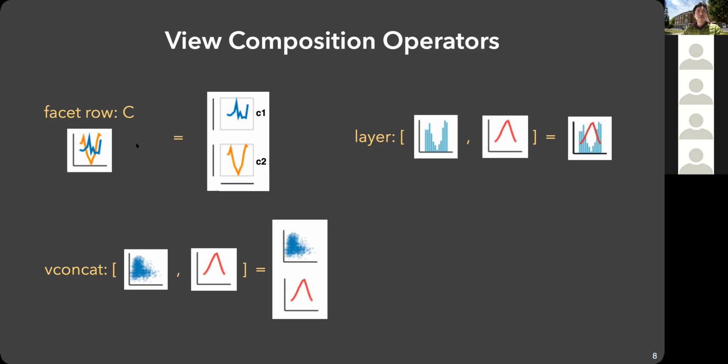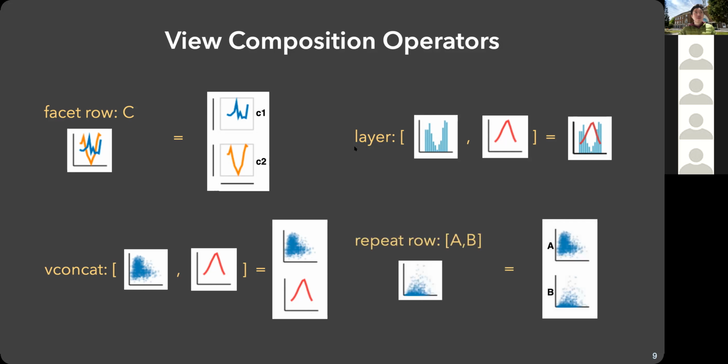In the facet case, you have these 2 views joined together, and they actually share the same x-axis, where you have different y-axis. In this case, you have separate axes, so they don't have to be the same at all. And you can imagine there is also horizontal concatenate, which allows you to join the visualizations horizontally, which is very similar to the one we saw before.